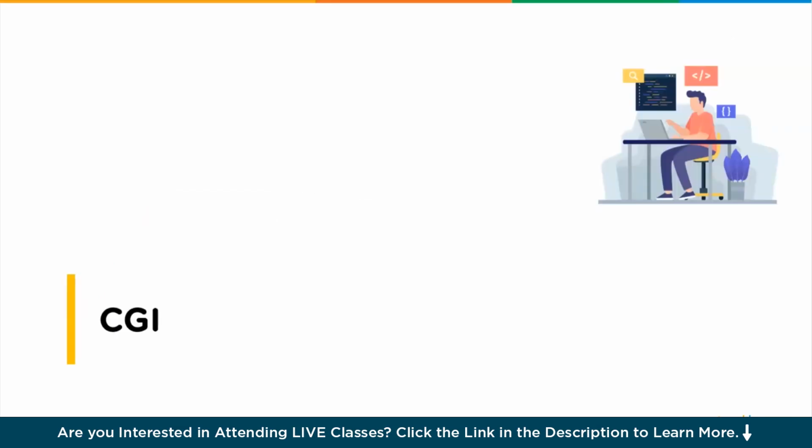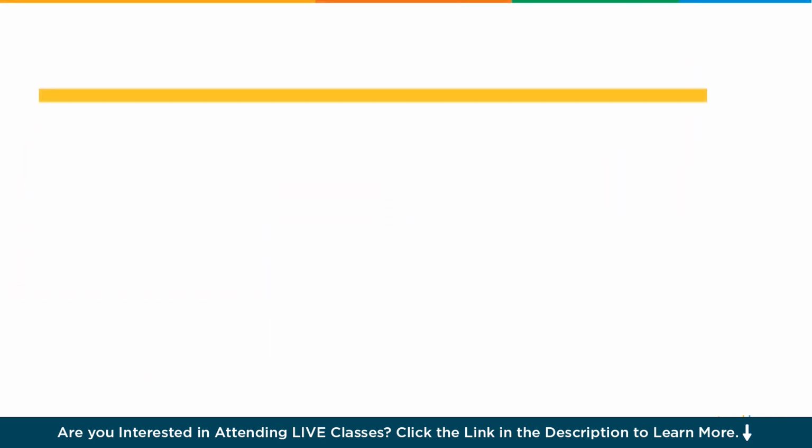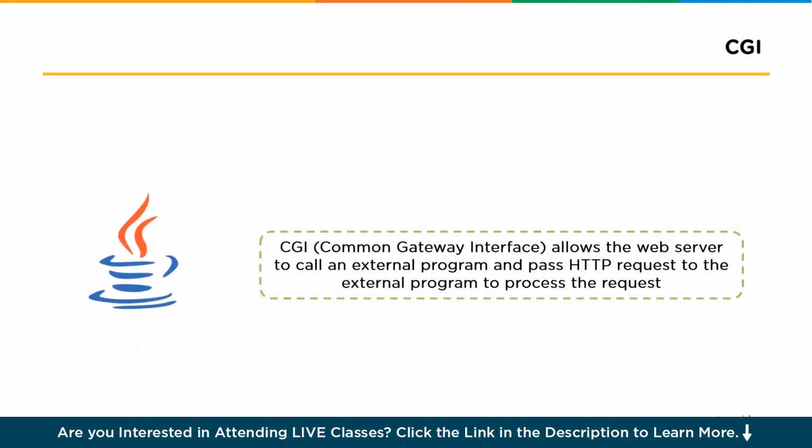Moving ahead, we will understand CGI. Why are we learning CGI? Because CGI is similar to servlets, and it also does the web interactive job similar to servlets. So I thought you should know some basics of it. Let's understand its definition and architecture real quick. CGI, or Common Gateway Interface, is a standard for writing programs that can interact through a web server with a client running on a web browser.